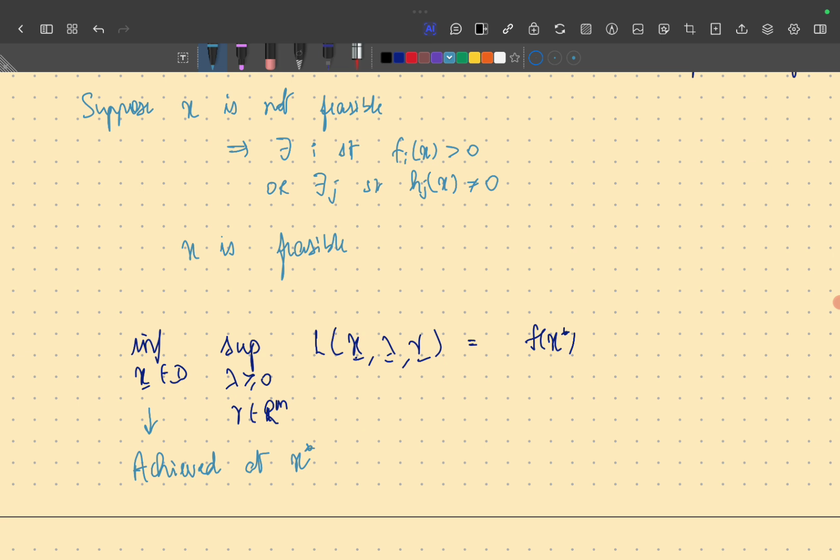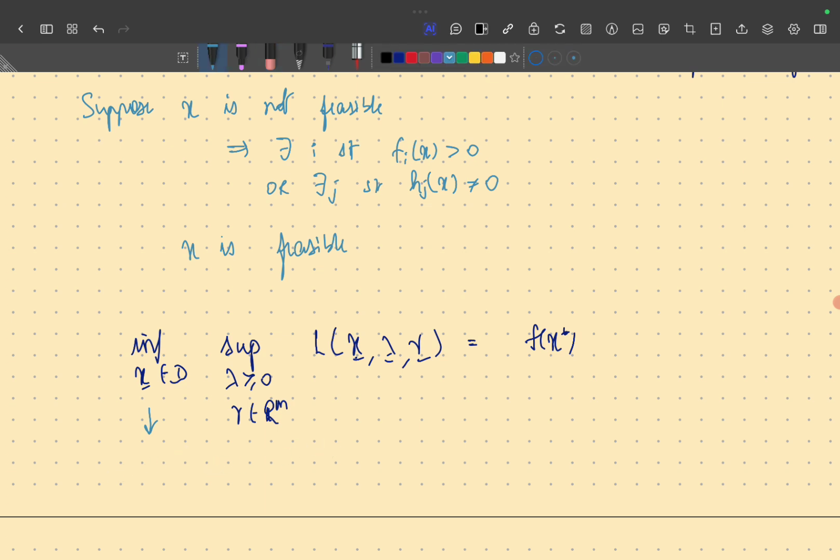It's a subtle point, but what is important to note is, is it x star only? If this problem is convex, then only at x star, right? If not, there could be multiple solutions, because in principle, even for the constrained optimization problem, there may or may not be a unique minimizer.